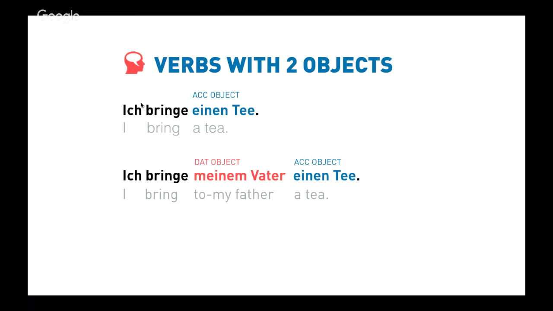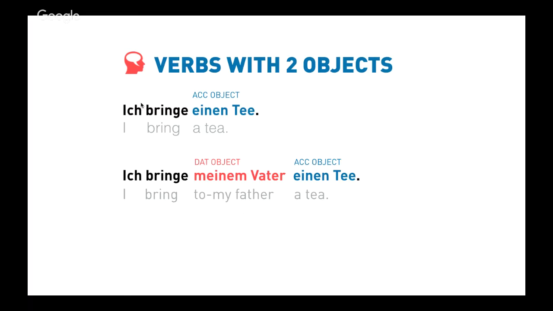I bring my father a tea, or to my father a tea. And please note that I chose a literal translation in gray just to show you the German sentence structure. I think you can make sense of these sentences easily. Now you see we have 2 objects, and you see already an order here, a sentence order about which we will speak later on as well.